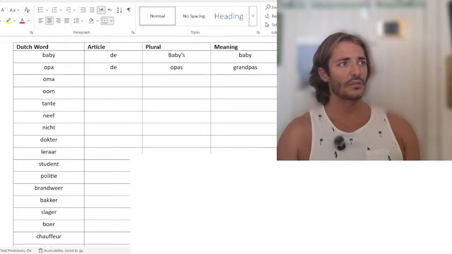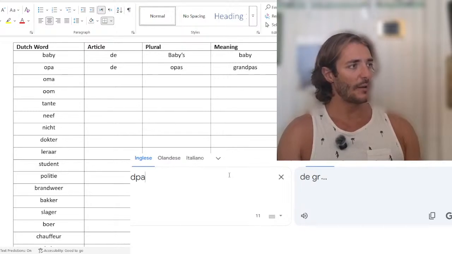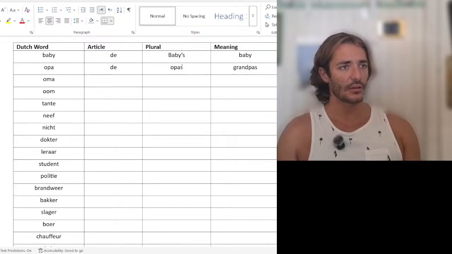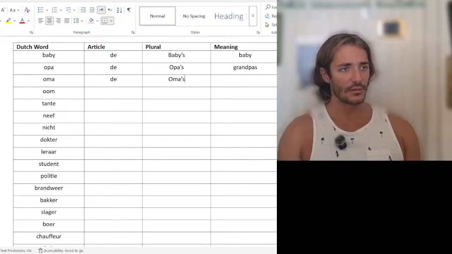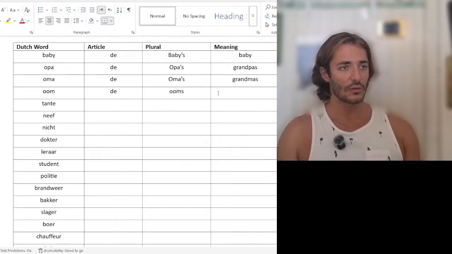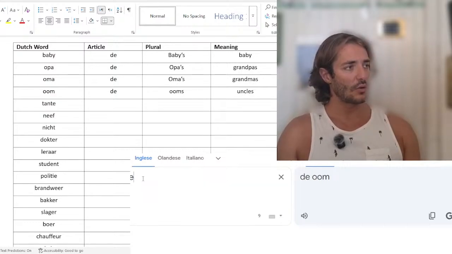The oma, the omas. This is grandmas. Oom, this is uncle. The ooms, probably. Uncles, let's see. The uncle, the oom, the ooms, yeah.